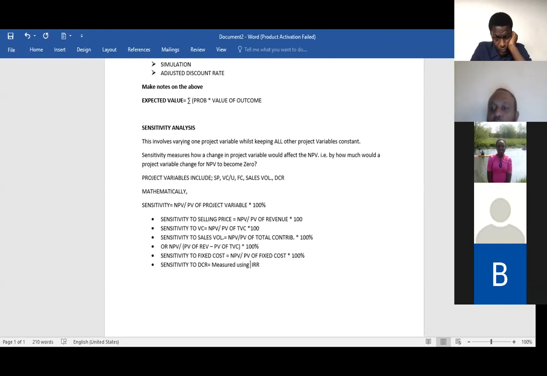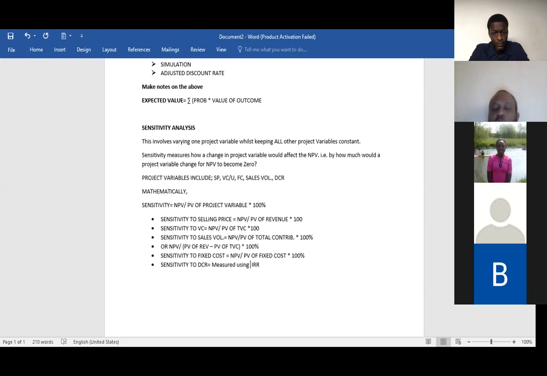So I will now measure our sensitivity. If, for example, our IRR is 15% and our current cost of capital is 10%, so if the cost of capital goes from 10% to 15%, then NPV will become 0.